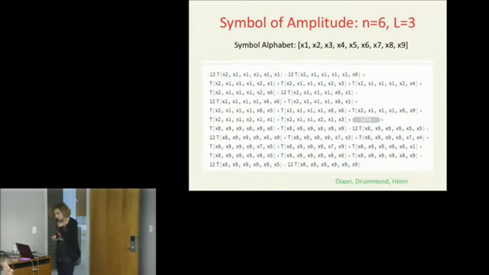For 6 points, you start with these 9, and then you have this tensor. For example, for 3 loops, weight 6, if you open the paper by Dixon, Drummond, and Henn, it becomes a Mathematica file.